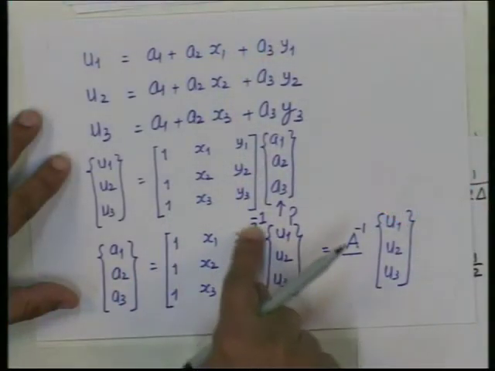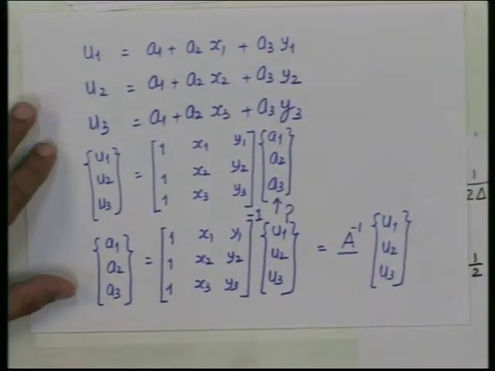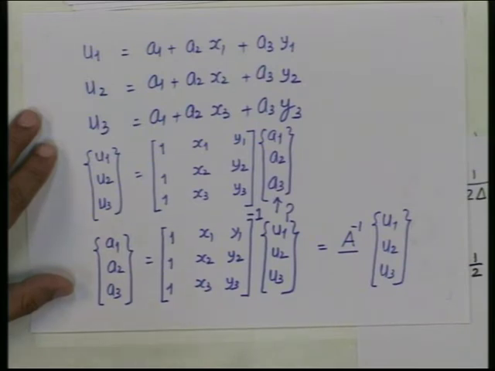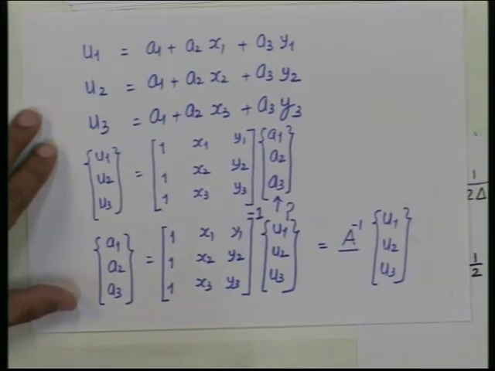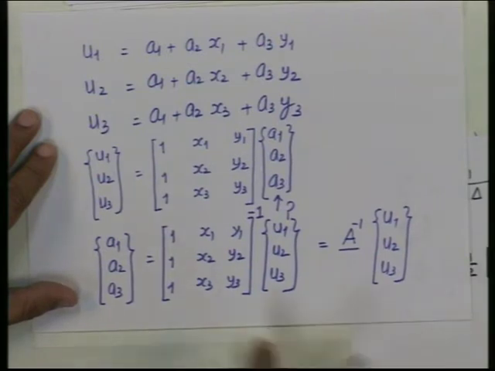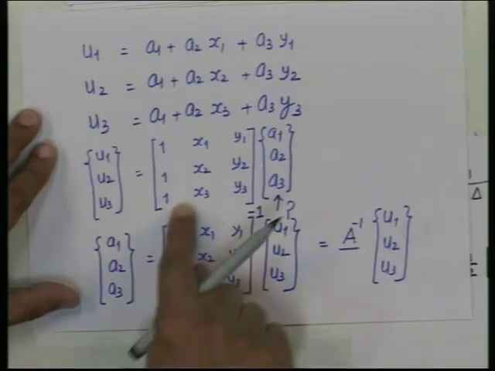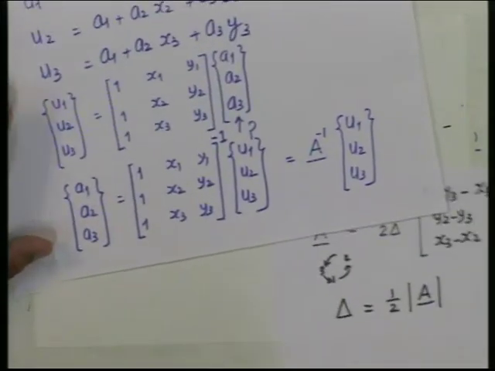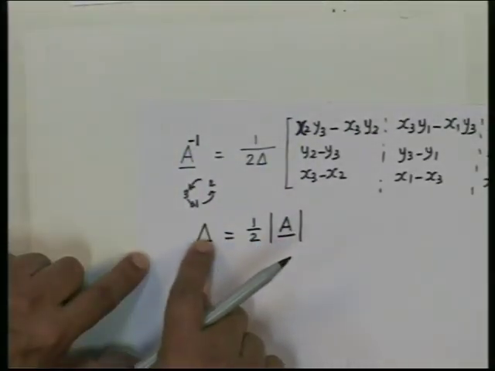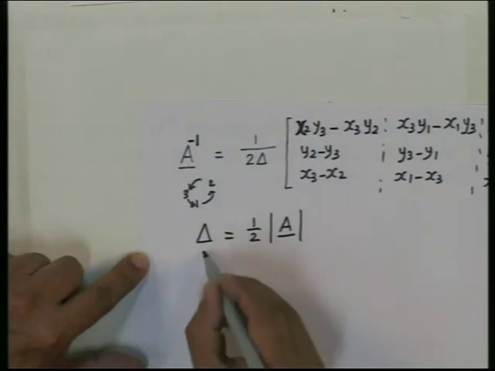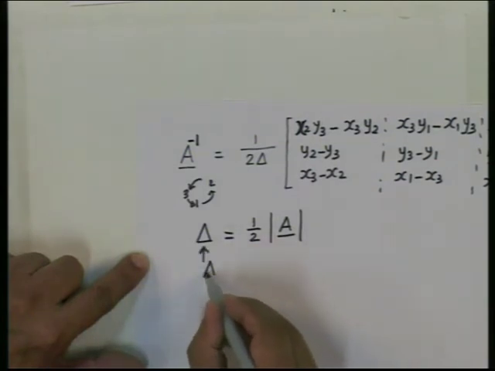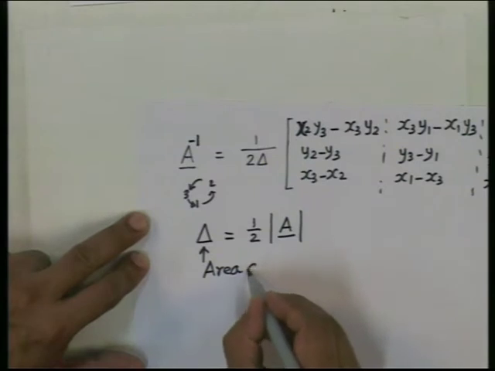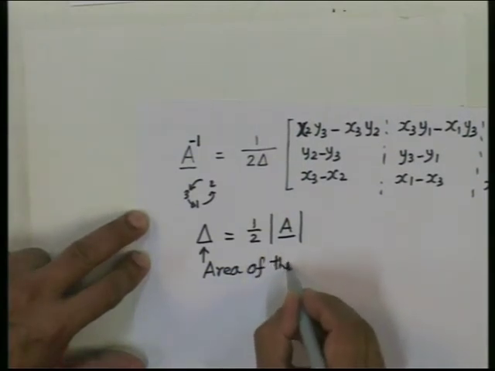If you take the determinant of this matrix, not the inverse, just the determinant, it gives you 2 times the area of the triangle. So delta is the area of the triangle.